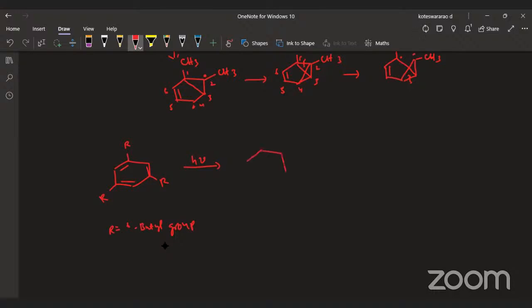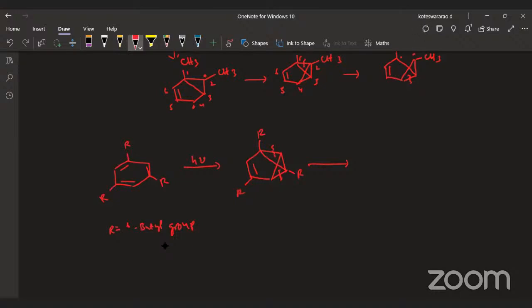First, it is undergoing oxidation. Right. Next, the cleavage of this bond and this bond.